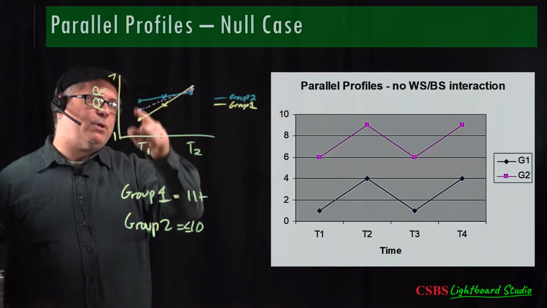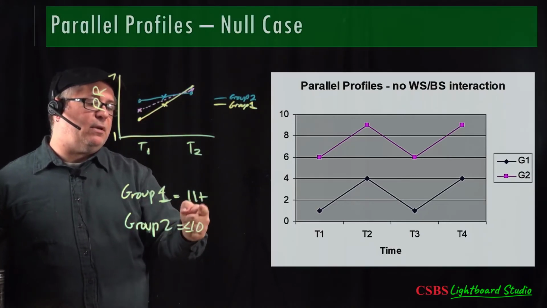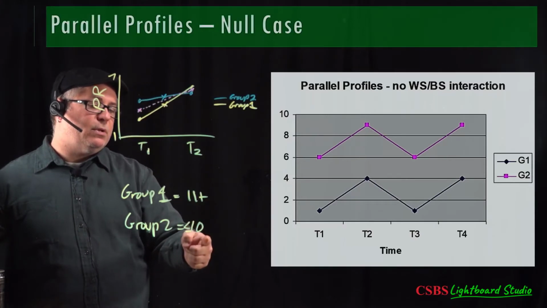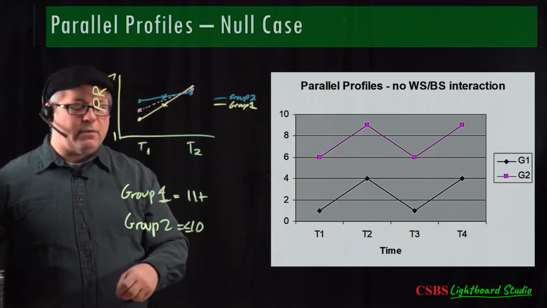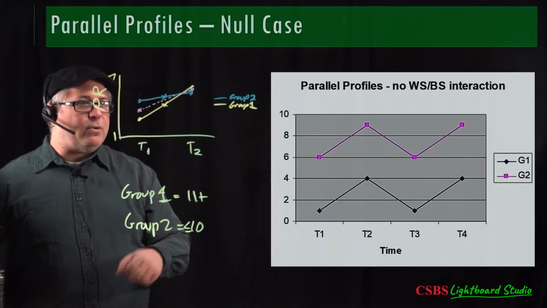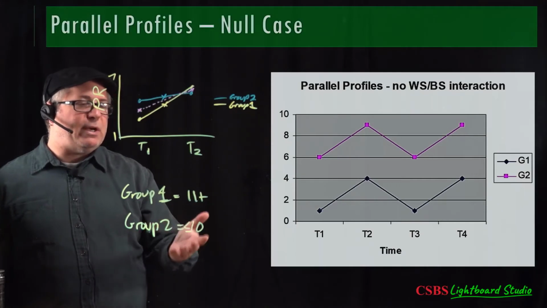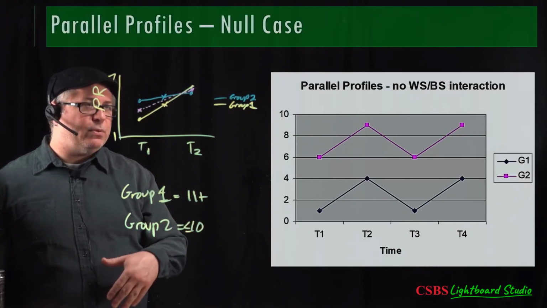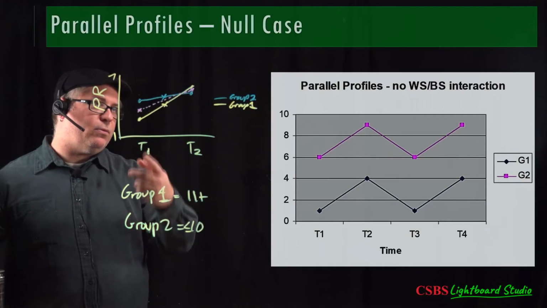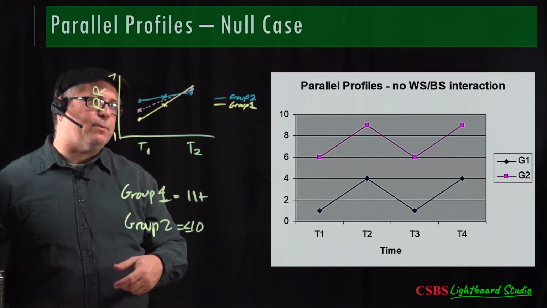Group 2 started off a little better, but Parents Anonymous didn't help them as much, probably because they didn't attend as much, so they didn't get as much out of the intervention. So that's really getting at the parallel profiles. When you're asking about interaction, does the change across time depend on the group? The answer is yes. Group 1 tended to change faster, and group 2 changed slower.